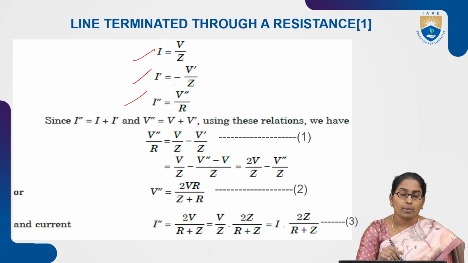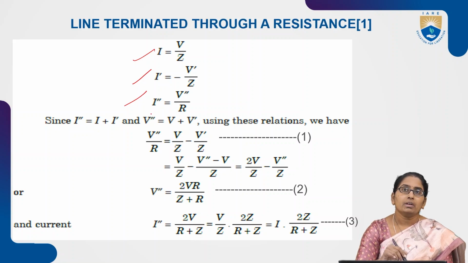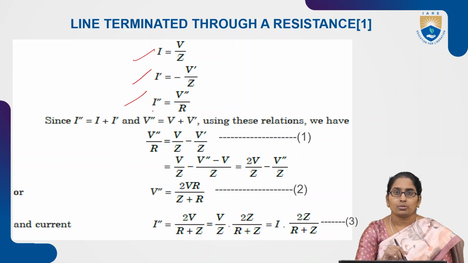For the refracted wave, at the receiving end, the line is terminated with resistance value R, so I double dash is given by V double dash by R.